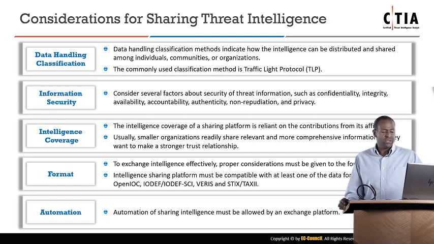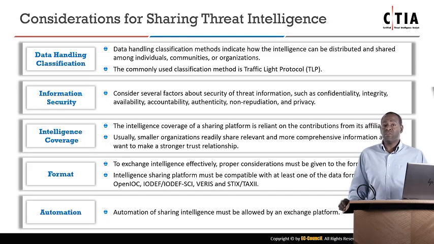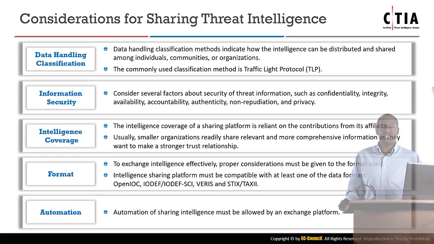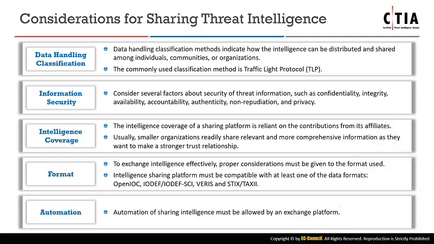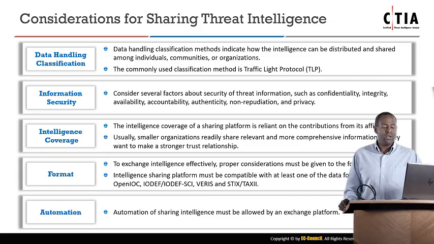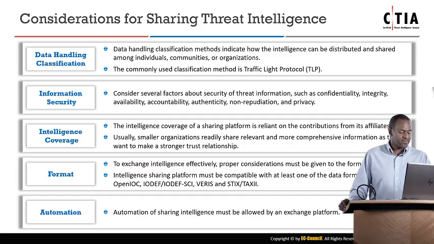Usually, smaller organizations readily share relevant and more comprehensive information as they want to make a stronger trust relationship. So you'll usually find most of the sharing done by small to medium organizations, and you just want to make sure that there's a wide range of contributions so that you get the best view.